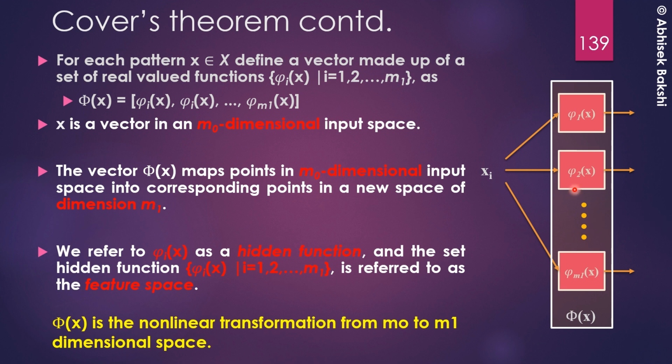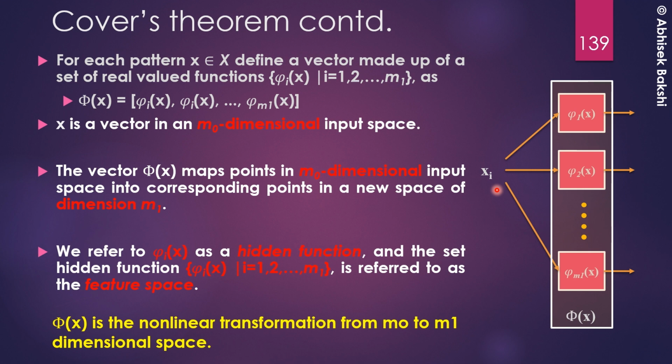Say for example, m0 may be 3, that means 3 features are there in your data set. Each and every point is represented by 3 features, so the value of m0 is 3, right? That means a total of 3 dimensions. Now in this 3 dimension space, the points are not linearly separable.